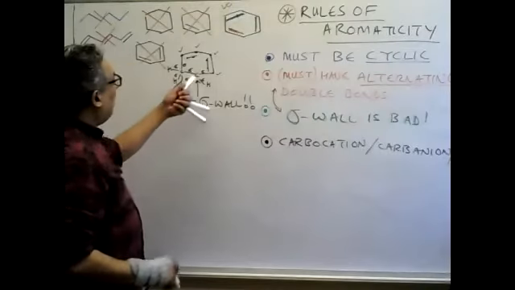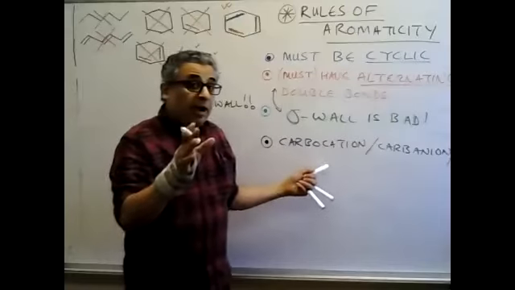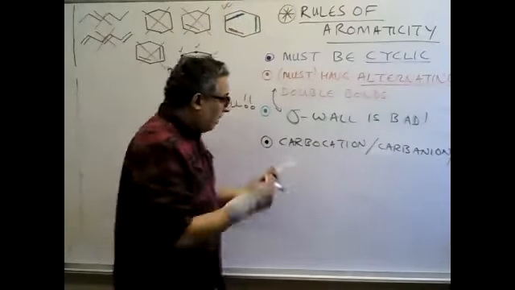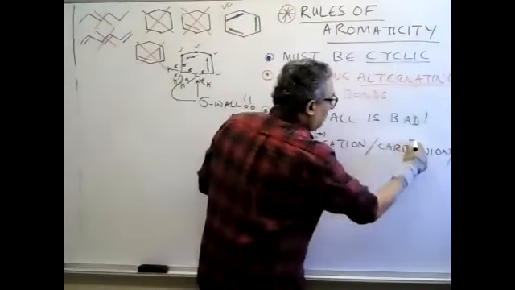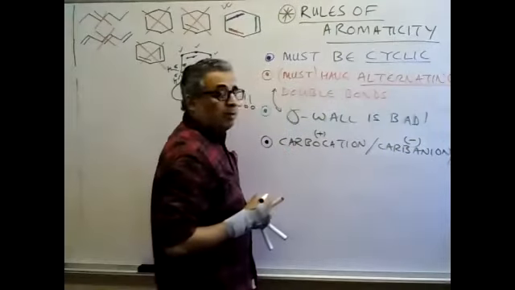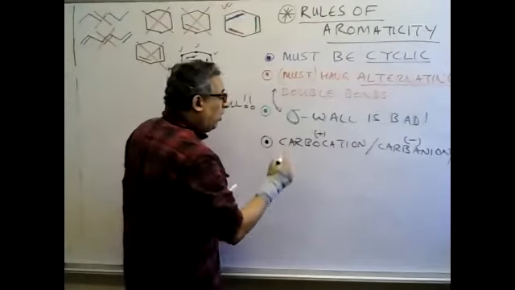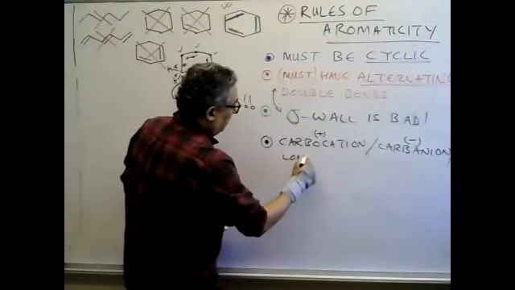So instead of a sigma wall or a double bond, if you have a carbocation, a positively charged carbon, or a negatively charged carbon with a lone pair, or something with a lone pair or lone pairs.